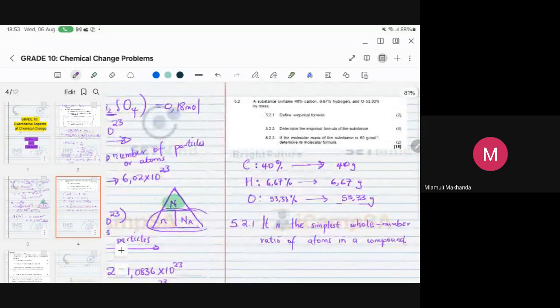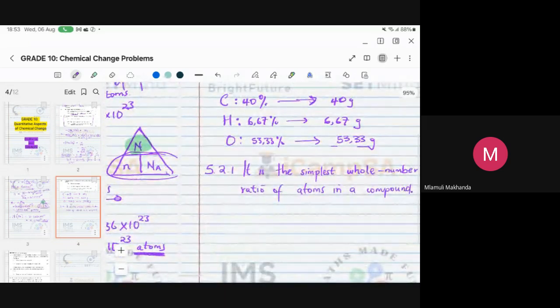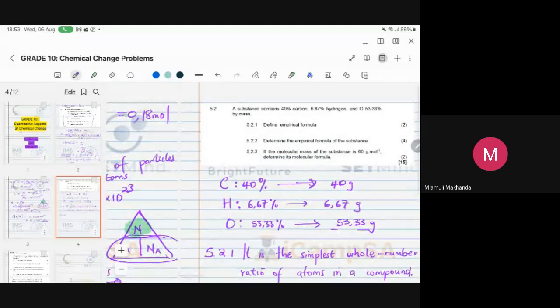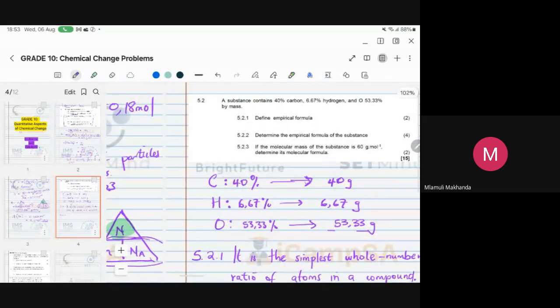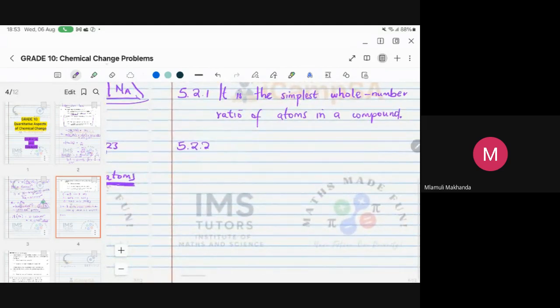So now, let's go to question 5.2.2. In this question, we are asked to determine the empirical formula of the substance. Remember, we can use our table. This table is very nice because you don't have to do a lot of steps.